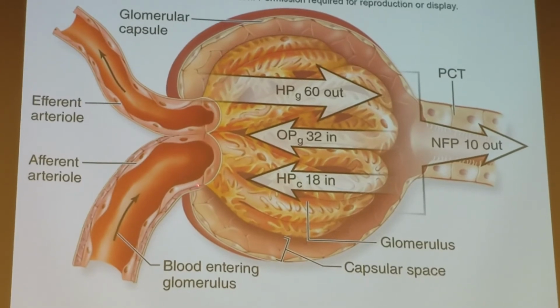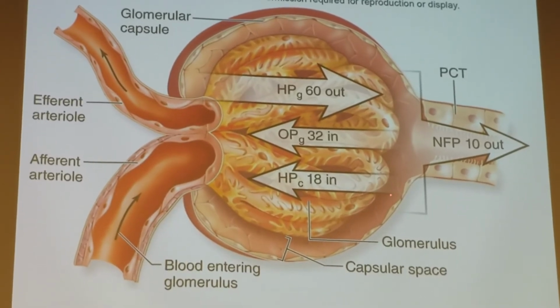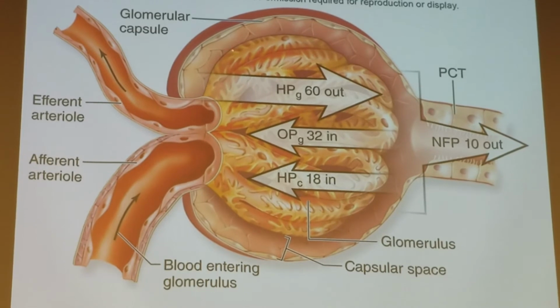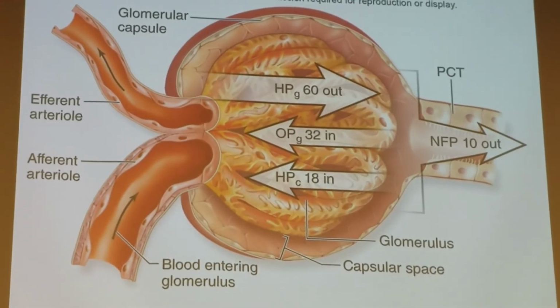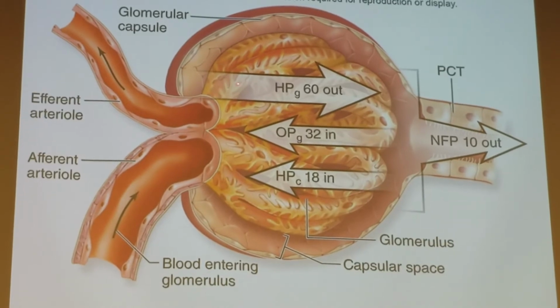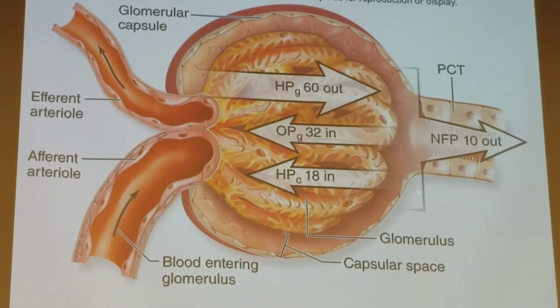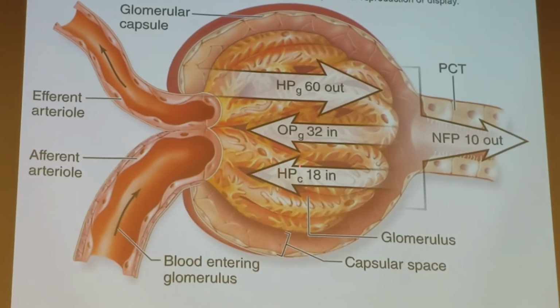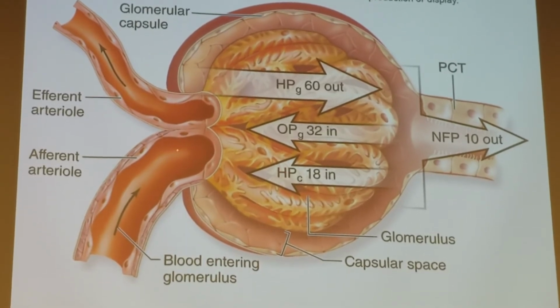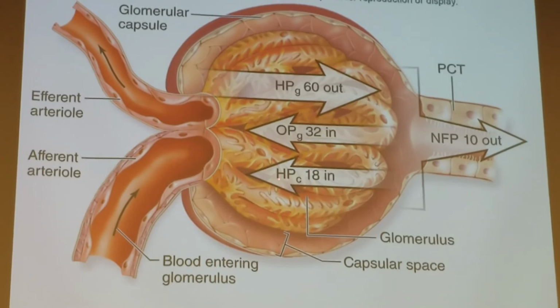But you also have fluid in the space acting as resistance, kind of like afterload in a sense. And that fluid is resistant. So as I'm trying to push out, this fluid is trying to push back in. And I've got two forces basically trying to keep the plasma in my blood.